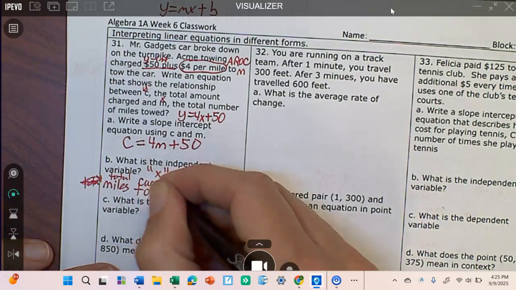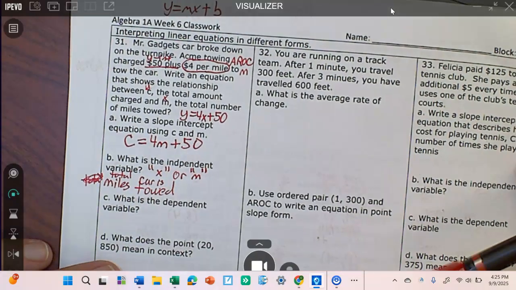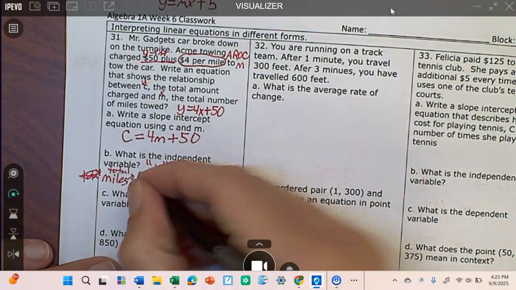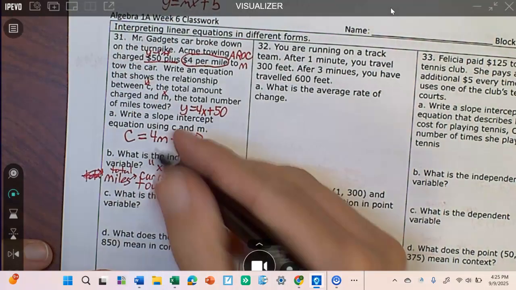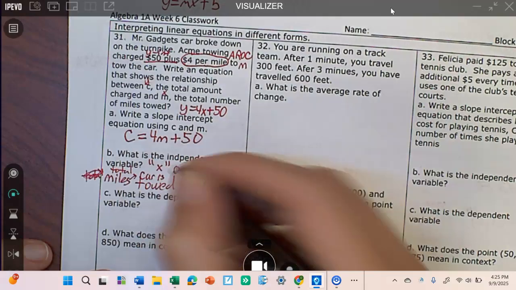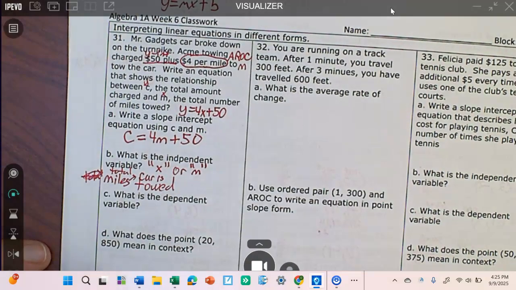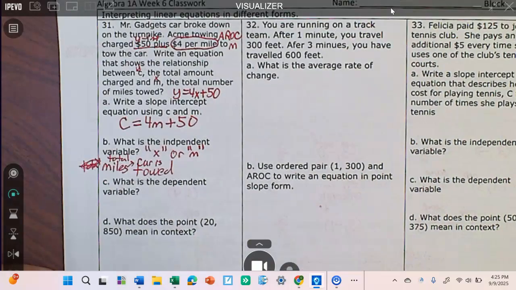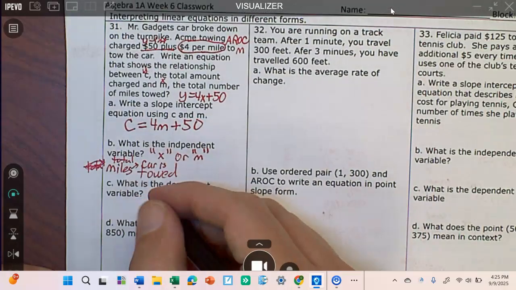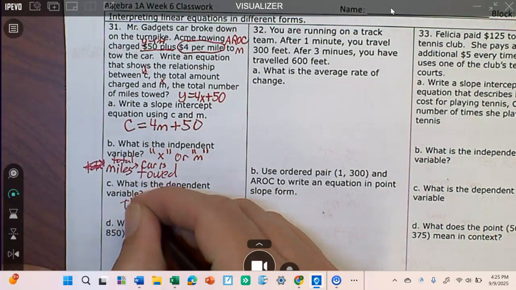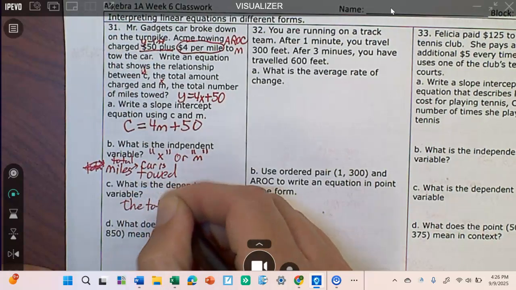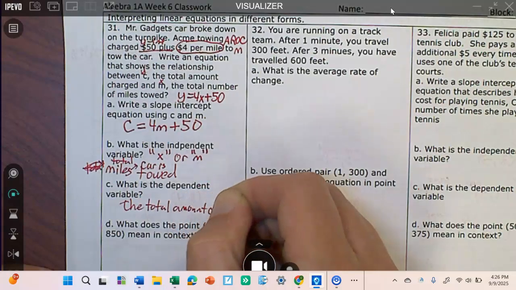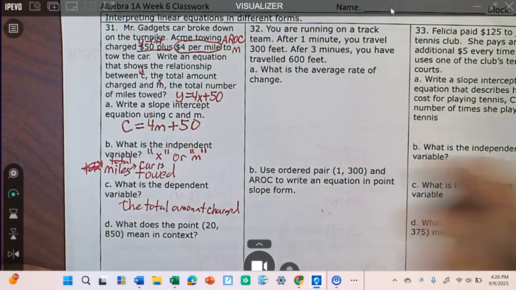So the total miles the car is towed. Okay, what's the dependent variable? The total amount charged for the tow.